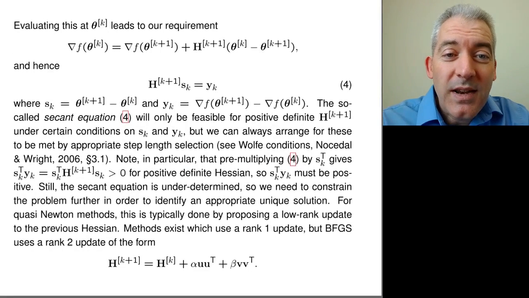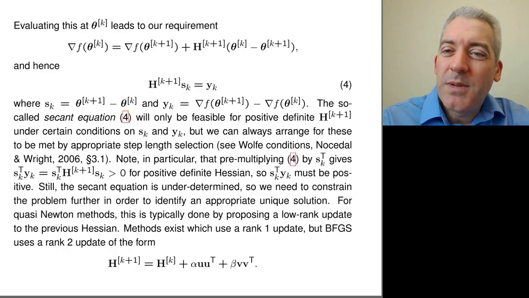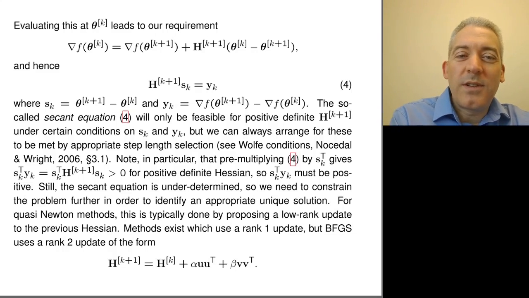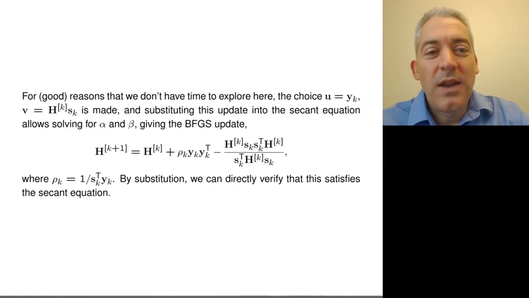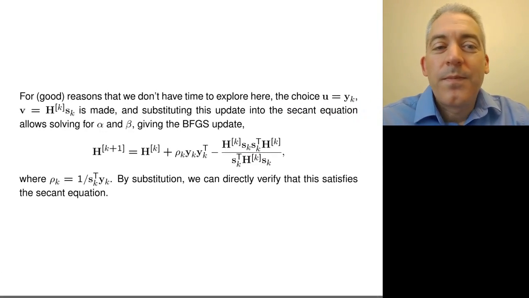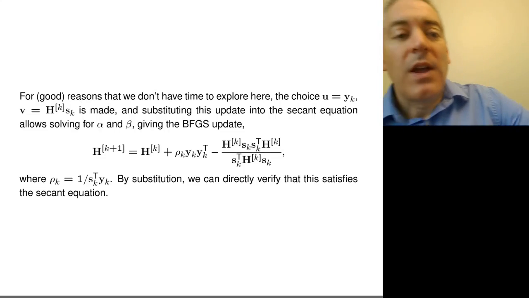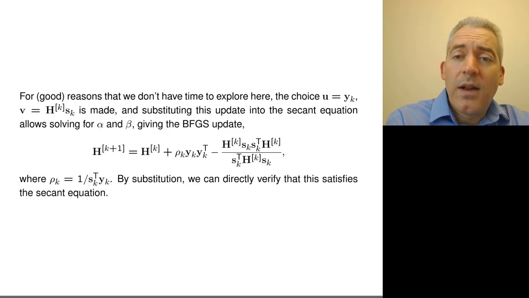If you look back at the secant equation, y and H s are on the same scale. If we chose y and s, they're in different coordinate systems, and so it turns out to be more logical to use y and H_k s, crucially, as our variables to do our rank 2 update of the Hessian matrix.